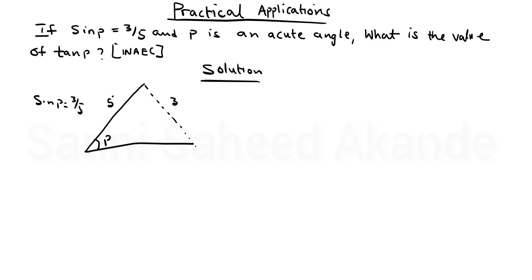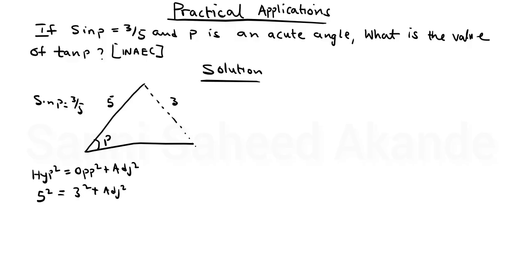So what I'm going to use to get that third length is Pythagoras theorem, because I'm told to find the value of tan p. You will recall that Pythagoras theorem says hypotenuse squared is equal to opposite squared plus adjacent squared. So my hypotenuse in this question is 5. 5 squared is equal to the opposite, 3 squared, plus the adjacent squared.